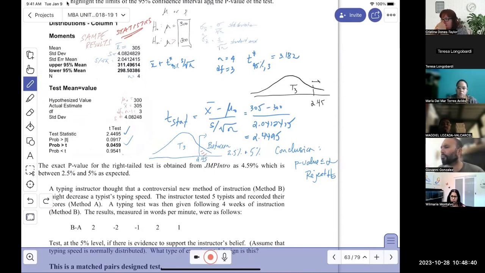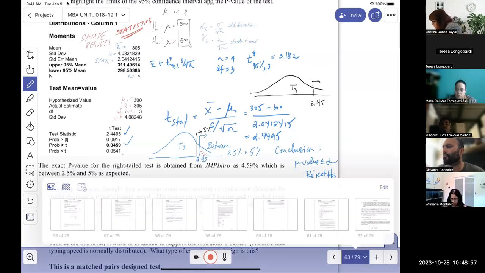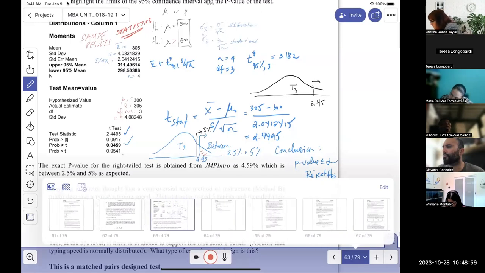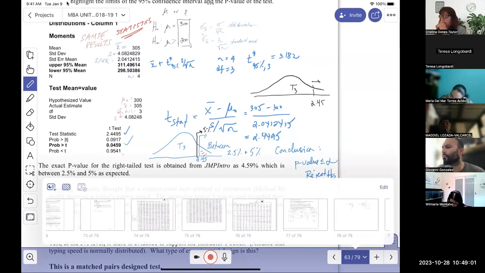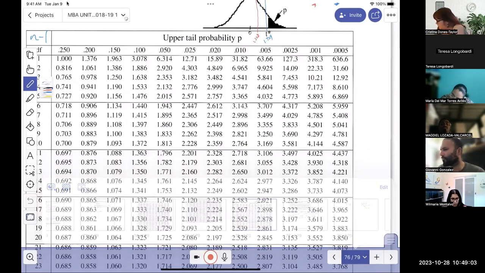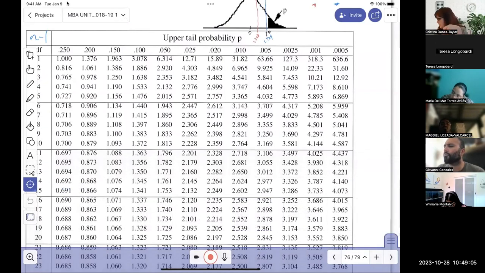It's just very borderline. I basically draw it at the border. What is it to be 5% here? Exactly 5% here. We'll go back to the table and tell me what is 5%. 2.353.